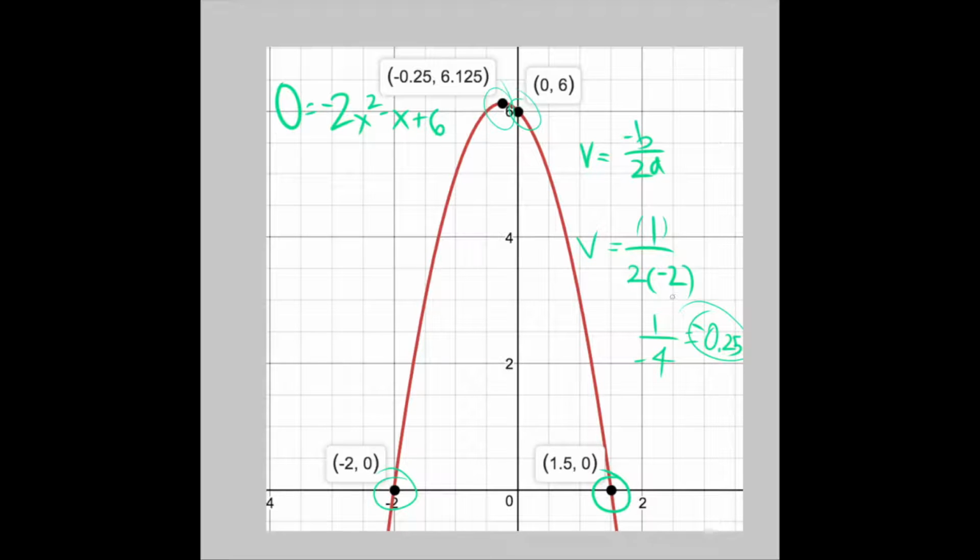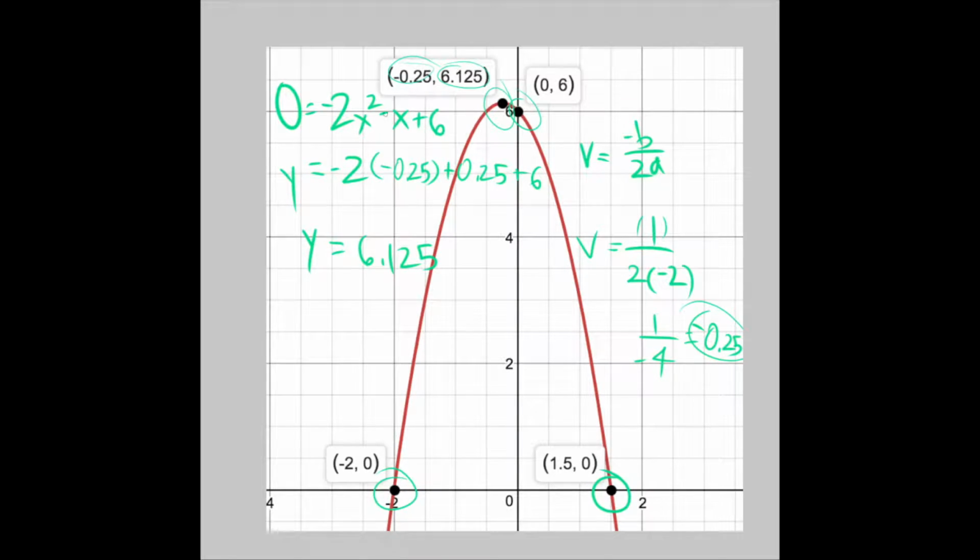And when you do so, you'll get 6.125, as it is illustrated here. That's how you find the vertex.